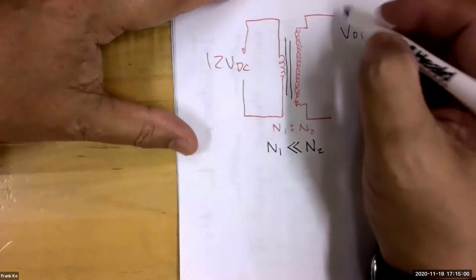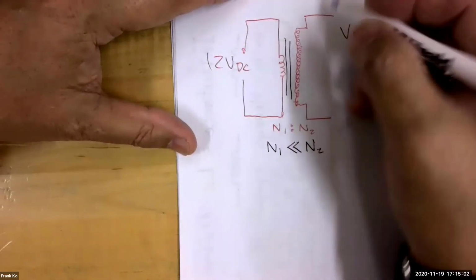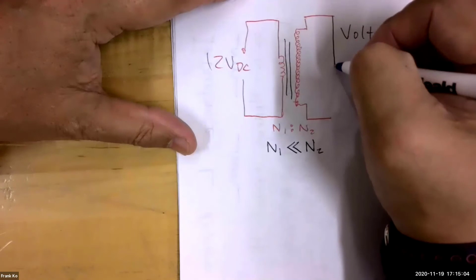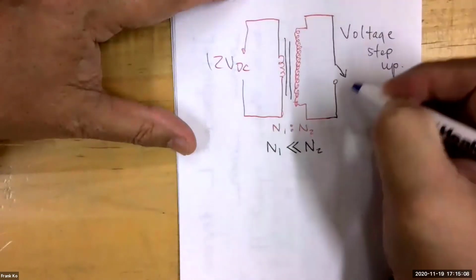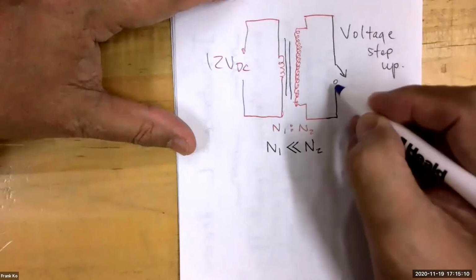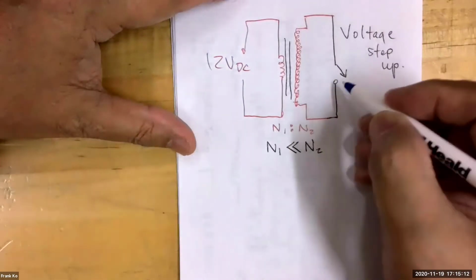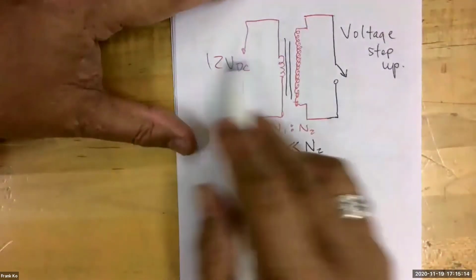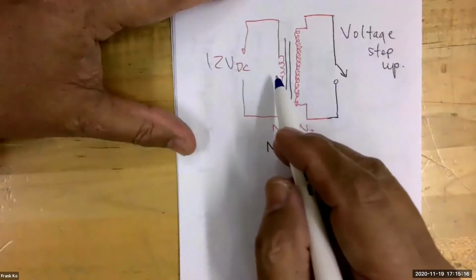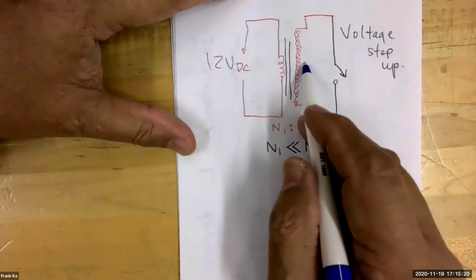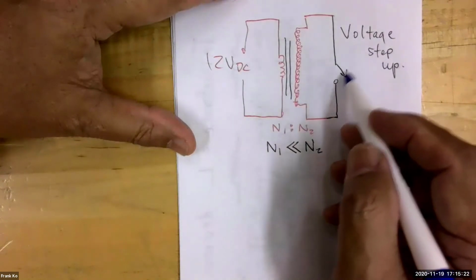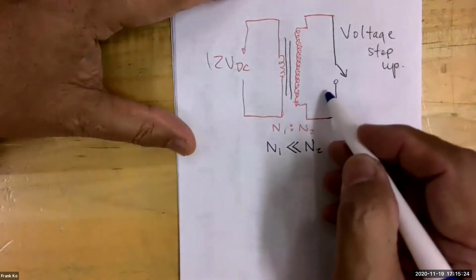Now, the way this guy works is there's going to be a switch. And this switch, if I flick this on and off, on and off, this will allow the transformer to build up voltage on this side very quickly and also discharge very quickly.